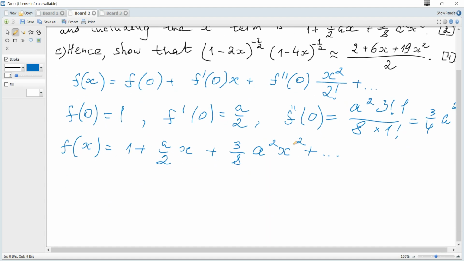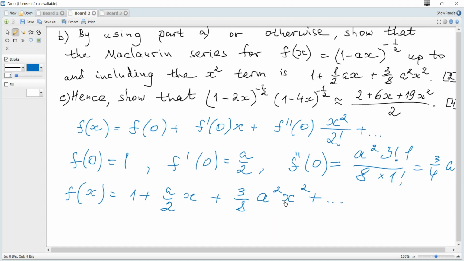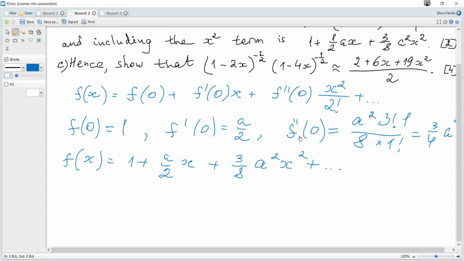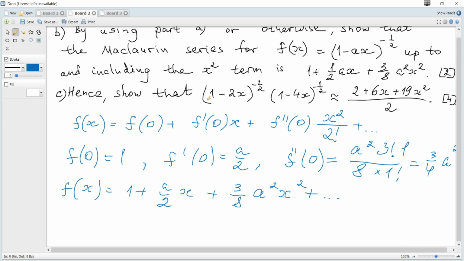Hence show that 1 minus 2x to the power negative a half multiplied by 1 minus 4x to the power negative a half. And you can see that it's actually the same, but for a is 2 and here for a is 4.